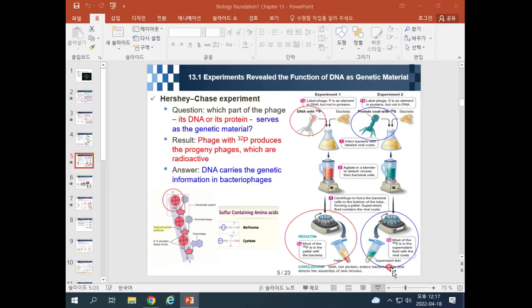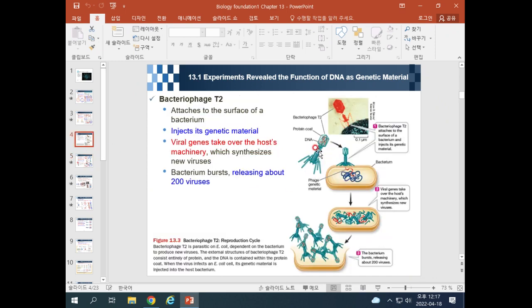Okay, so usually the protein coat is located on the outside. They cannot go inside. Only the DNA can be transported inside, not the protein coat. So after agitation, the virus is detached from the bacteria. But the virus is very tiny, very small compared to the bacteria.